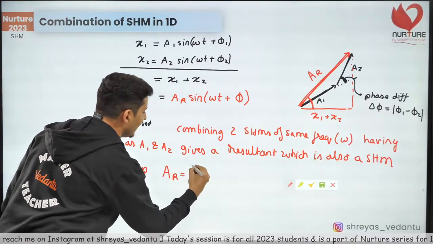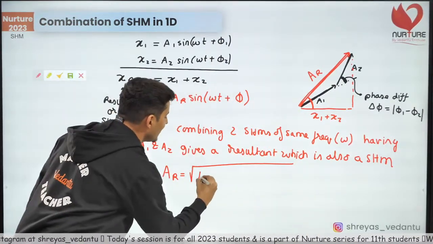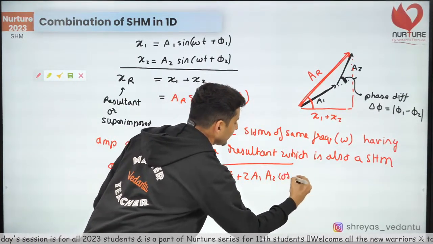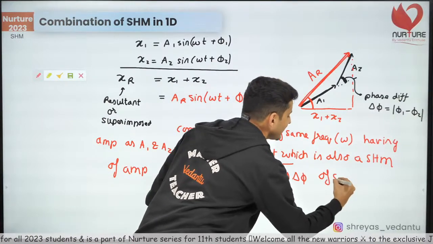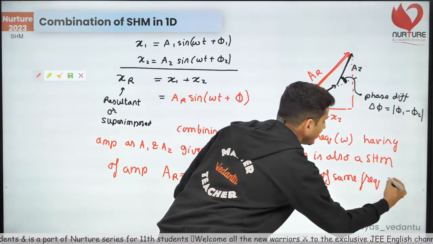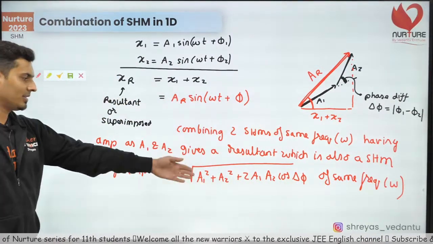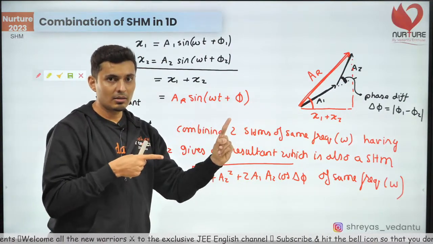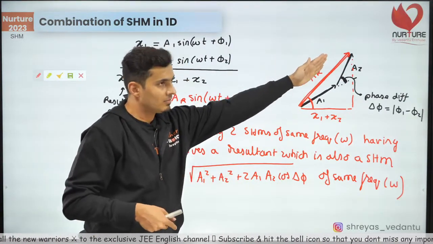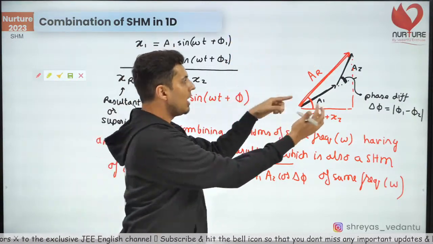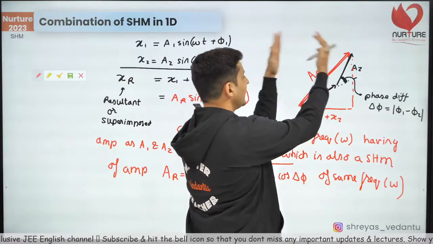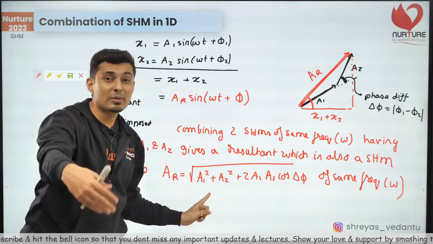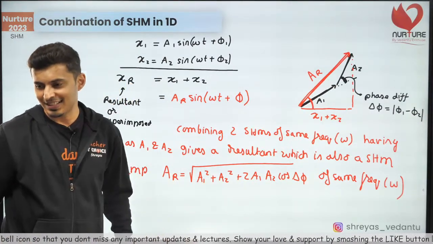It is AR, and you can get that AR by the simple vector addition formula, which is A1 square plus A2 square plus 2 A1 A2 cos delta phi, of same frequency omega. That's all you get. So adding two SHMs in 1D of same frequency again gives you a new SHM, because the new phasor also rotates along with these phasors. It will all rotate together. The new amplitude can be given by your vector addition formula, a square plus b square plus 2ab cos theta. As simple as that.